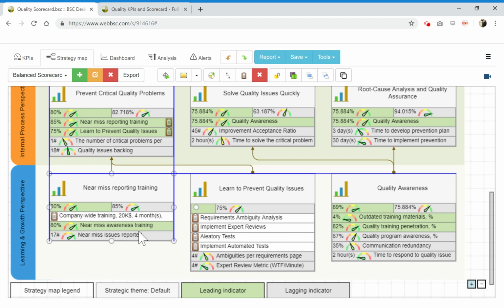We have a view on the leading part, how well we did in making sure we will achieve this goal, and a very good view on the lagging part. It tells us how well this goal is actually performing now.